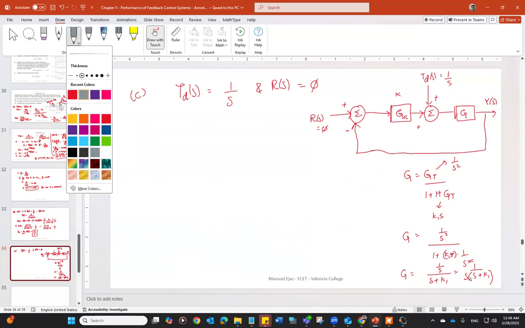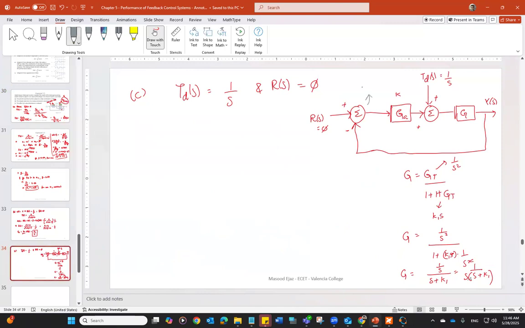Over here, you're going to have negative Y. It's going to be GA times Y. TD will be added into that. So that's going to be TD minus GA times Y. And everything is going to be amplified by G, which is this. And then Y. So let me write this down and then simplify it.